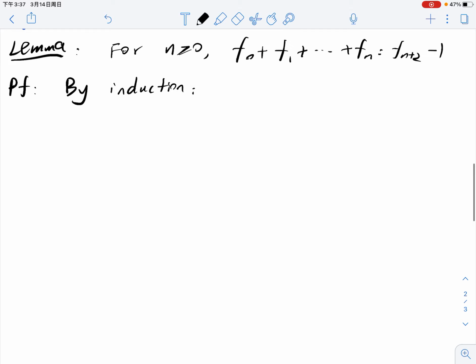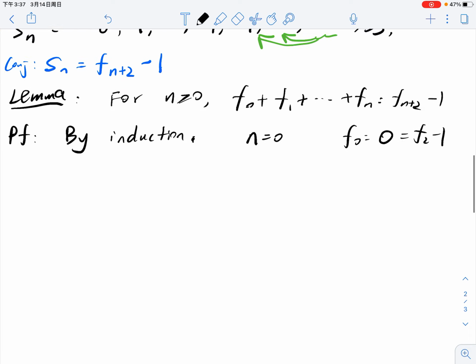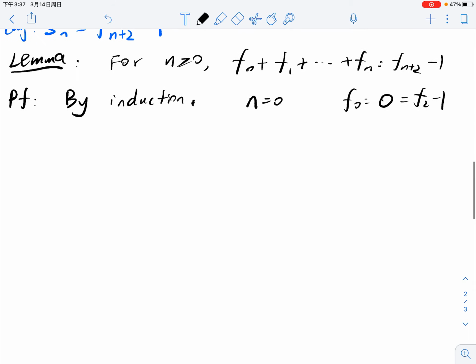Let's carry out the proof by induction. When n is 0, F0 equals 0 equals F2 minus 1. So this is true, trivially.